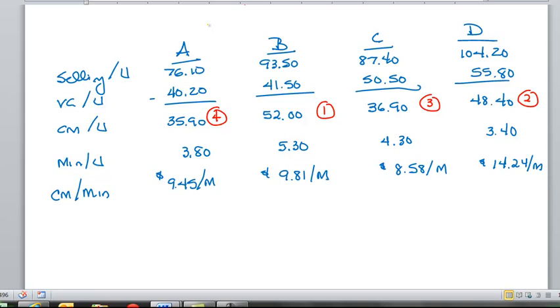So now, looking at these, number 1 would actually be D. Number 2 would be B. Number 3 would be A. And C is number 4. So with that, and remember, we're going to put the demands down here, so remember what the demands are.